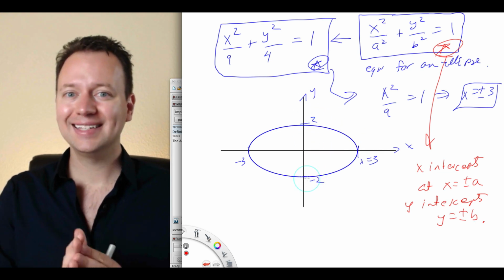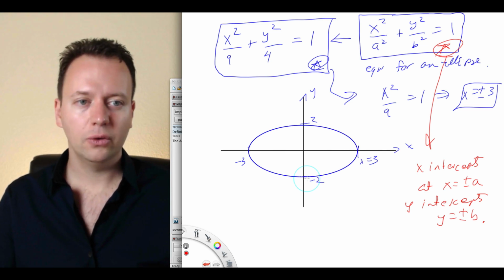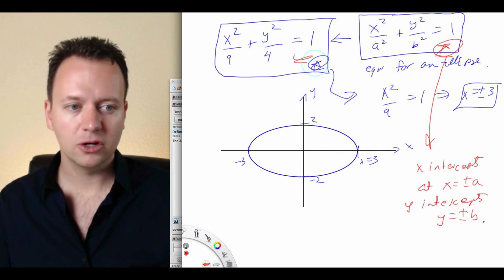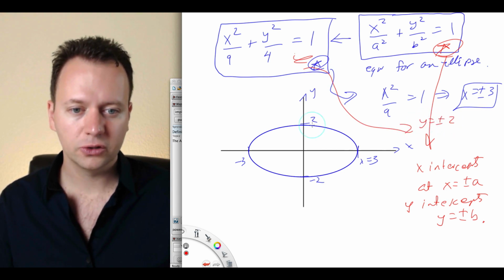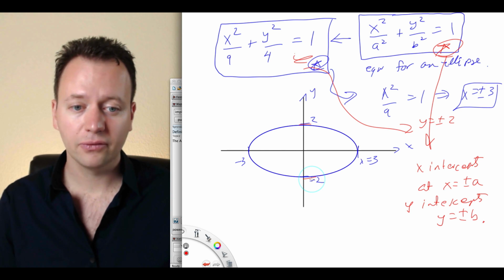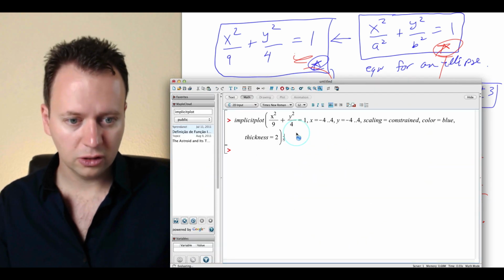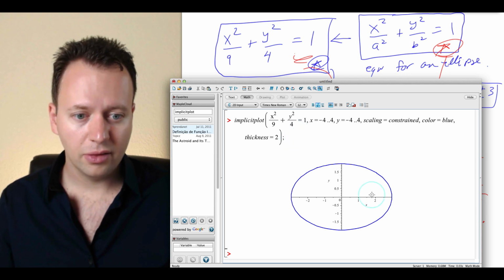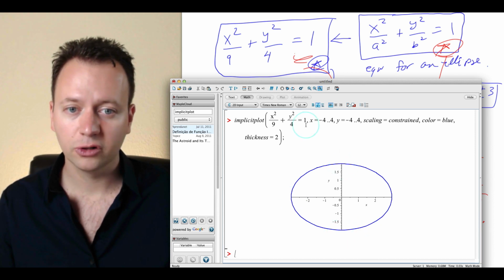So by setting x is equal to 0 and then solving for y, we get plus or minus b. In this equation, the y-intercept would be at y is equal to plus or minus 2 as indicated on the graph. So going back to what we have here, if we actually do the plot, there we go. So the x-intercepts are clearly at 3 and minus 3, and the y-intercepts are at plus or minus 2.